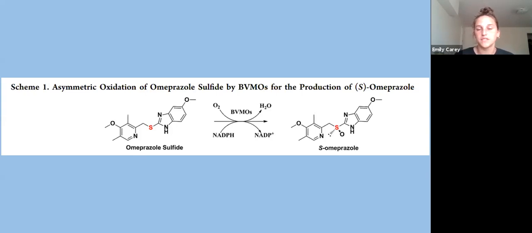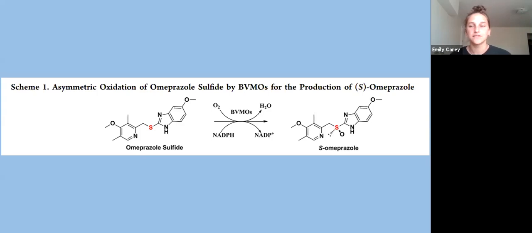And it was a promising green chemistry approach to the chiral sulfoxide production, just like it's seen here. So basically what this research did was it took an enzyme that did a bunch of different reactions in nature, and they trained it to do something unnatural, and they were really successful at it.